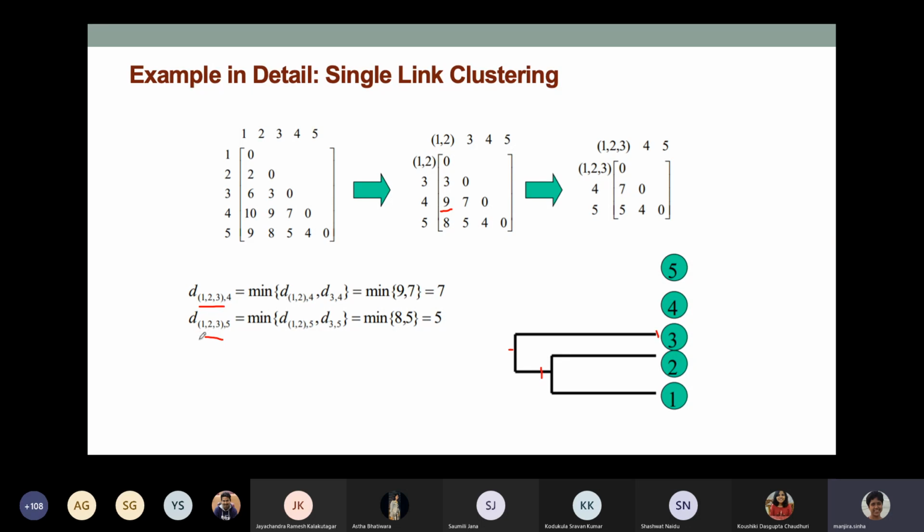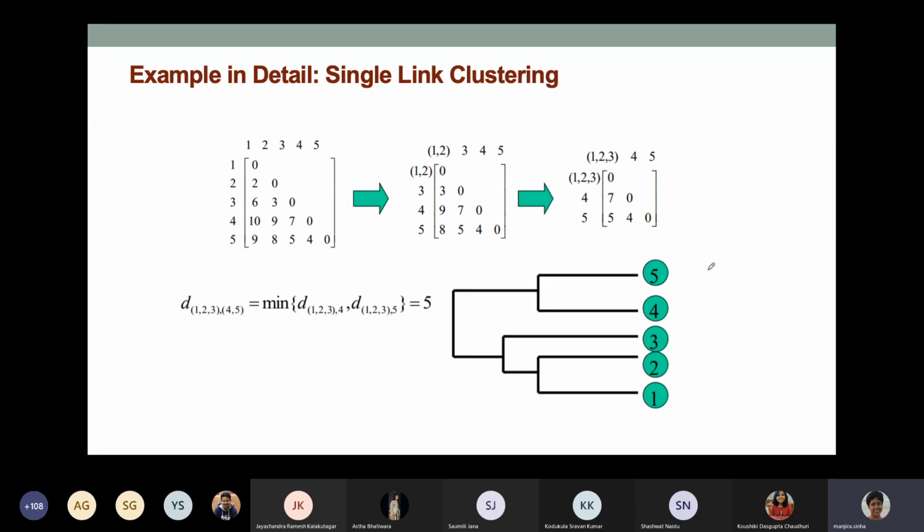The distance between 1, 2, 3 and 5 is 5, and the distance between 4 and 5 is 4. So for the clusters 1, 2, 3, 4 and 5, the closest pair of clusters is 4 and 5, right? So that's why we have joined the clusters 4 and 5.